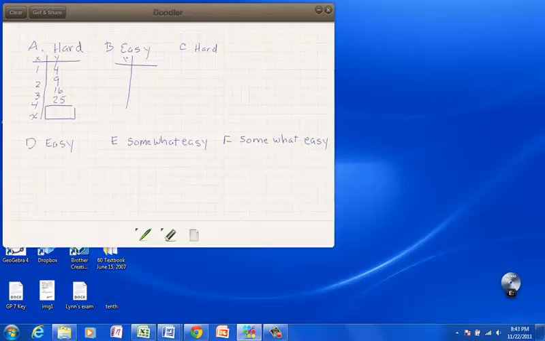So in the second one, in the output column, we've got these expressions. 8 times 1 minus 5. 8 times 2 minus 5. 8 times 3 minus 5. 8 times 4 minus 5.